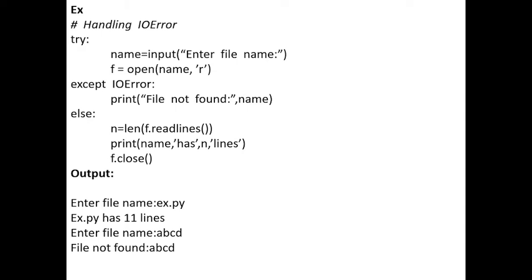Next comes handling input output error. try: name = input('Enter file name'); f = open(name, 'r'); except IOError: print('File not found', name); else: n = len(f.readlines()); print(n, 'has', n, 'lines'); f.close().